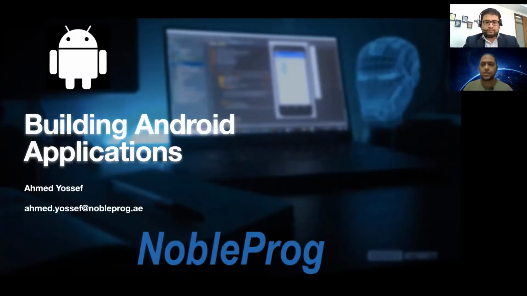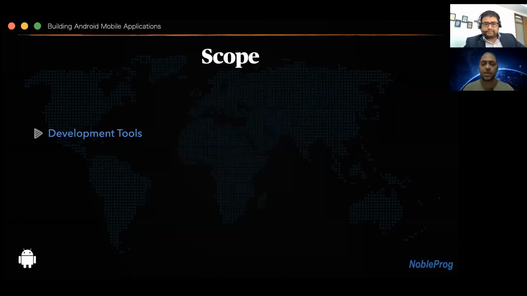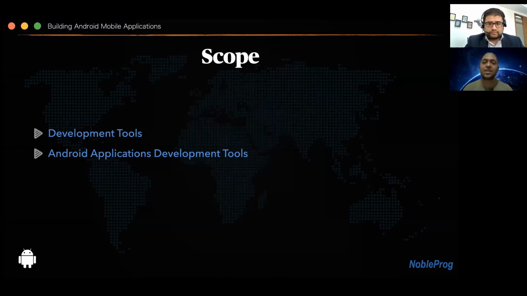What is the roadmap and objective of this very short session? The scope is to start talking about the development tools, what environment you need in order to develop an Android application, and how you can differentiate between the different options of development tools. We'll have something called native development, cross development, and hybrid development.